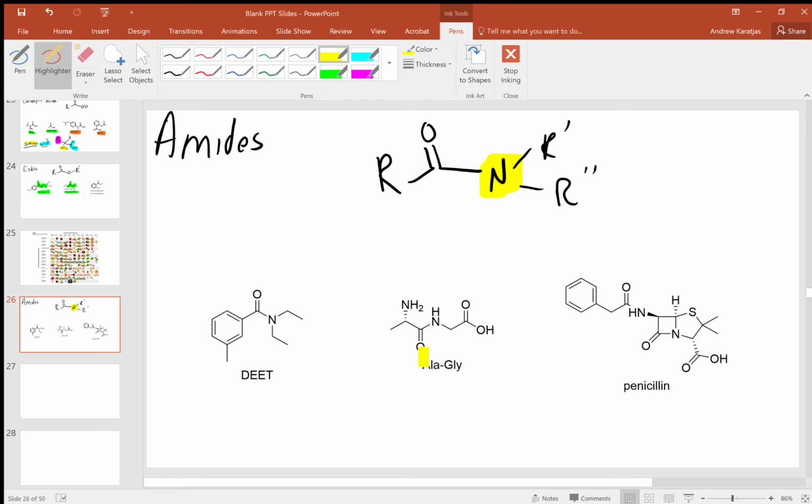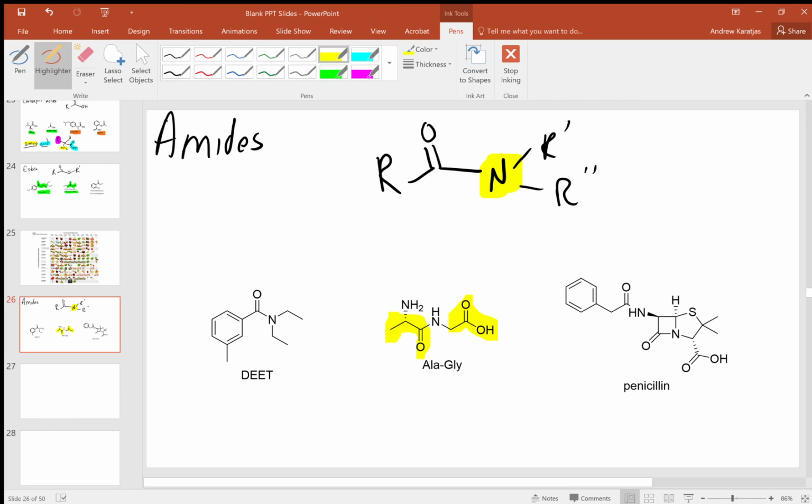So here's an example. We've taken alanine and attached it to glycine. How do amino acids attach to each other to form proteins? Well, very simply, the amine group on one reacts with the carboxylic acid group on the one next to it, and they form an amide.